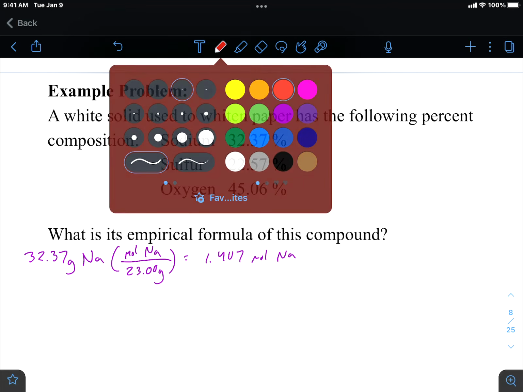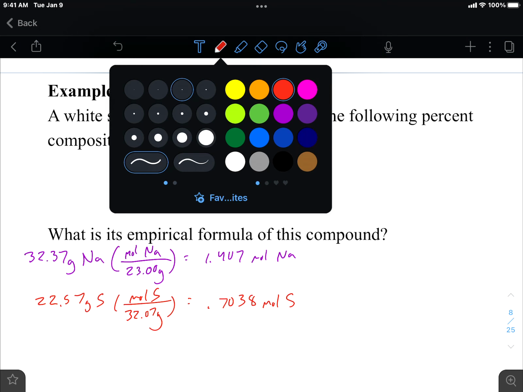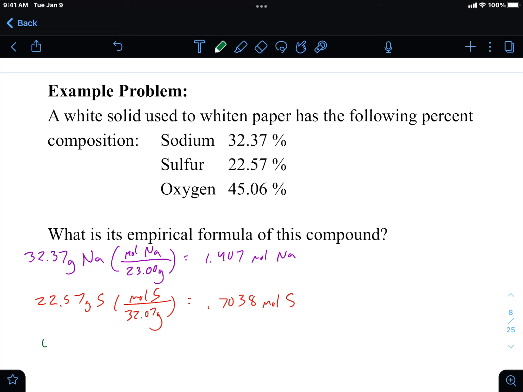Okay, let's do the next one. 22.57 grams of sulfur. A mole of sulfur weighs 32.07 grams. That gives 0.7038. And 45.06 grams of oxygen.